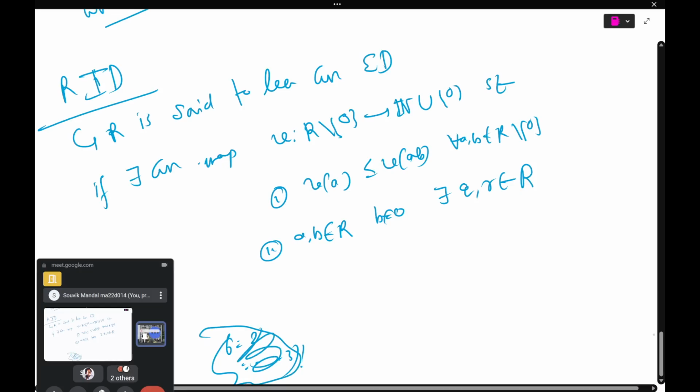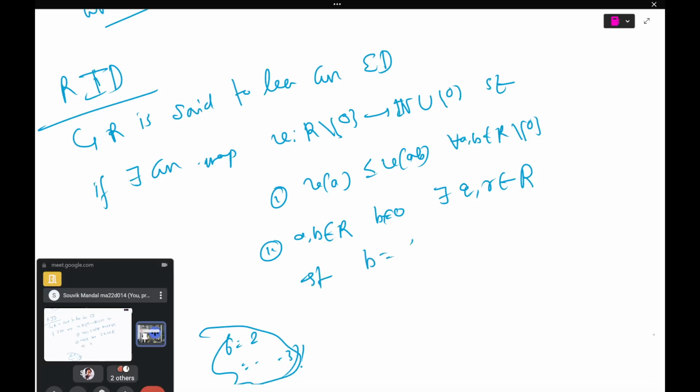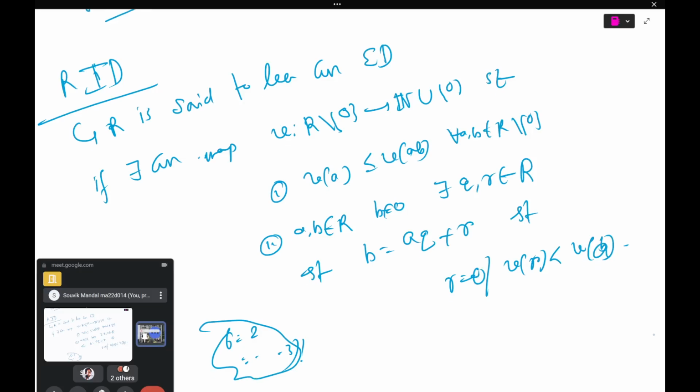So there exist Q and R such that A is equal to B into Q plus R. Q denotes the quotient and R denotes the remainder, such that either R equals 0 or V of R is less than V of B. If such a thing holds, then R is said to be a Euclidean domain. That's the definition.